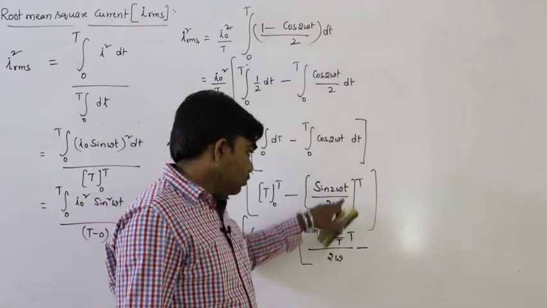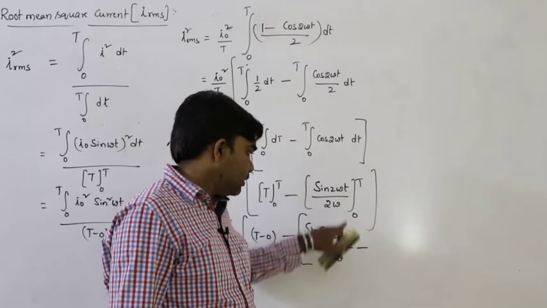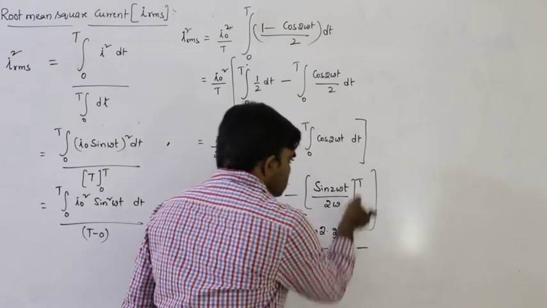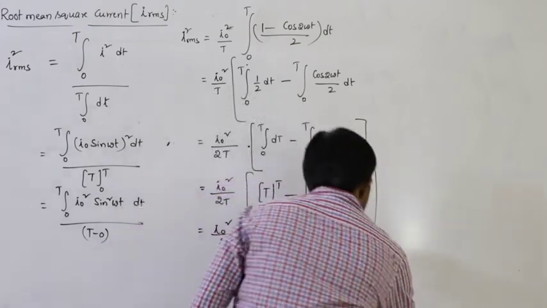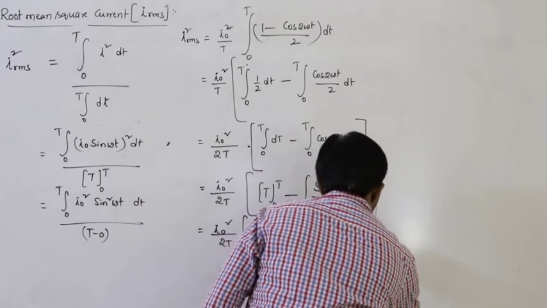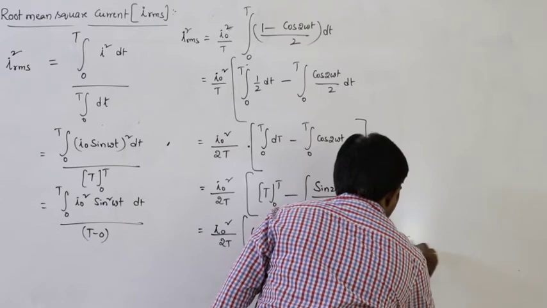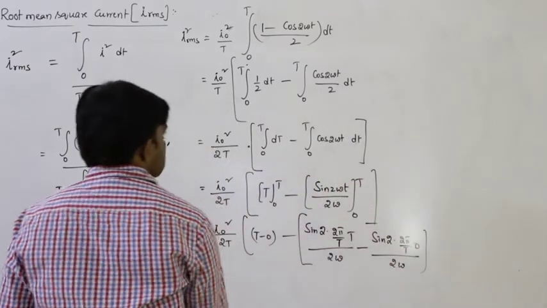Here I am writing omega as 2 pi by T, that is important here, into small t. Substituting the value, capital T, minus sin of 2 into 2 pi by capital T into 0, divided by 2 omega.